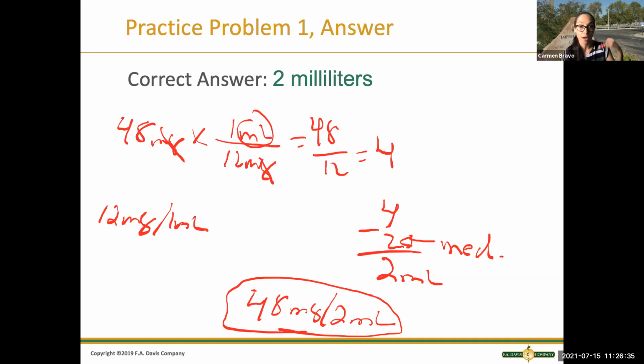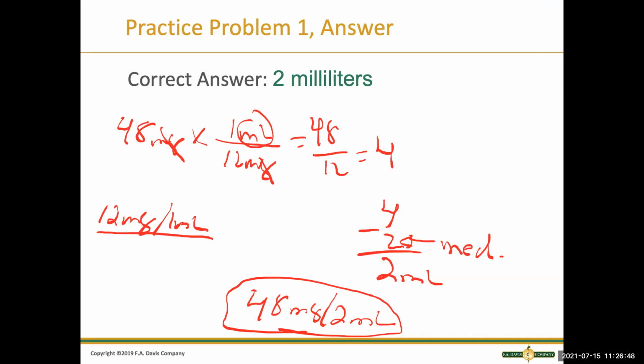So we still have to add 2 milliliters so that it can be 12 milligrams per ml. Okay.